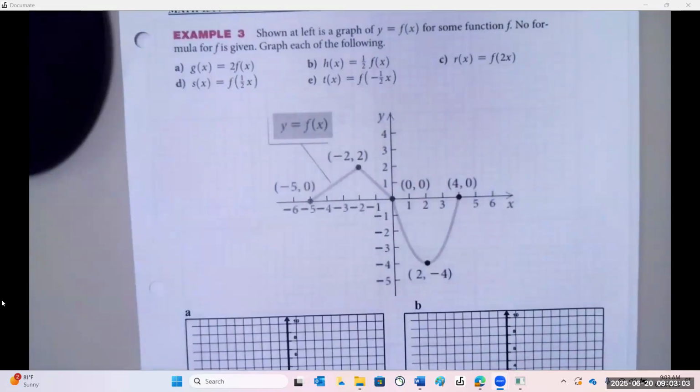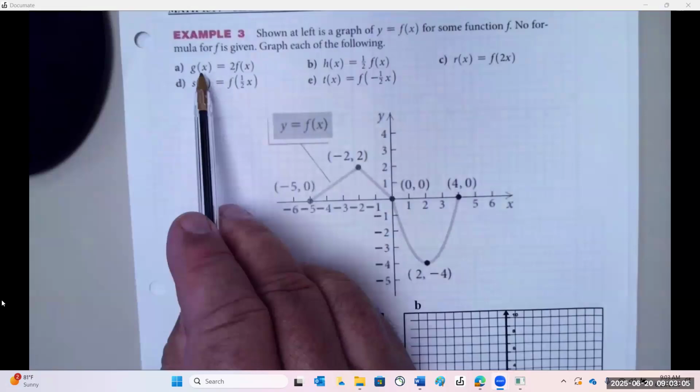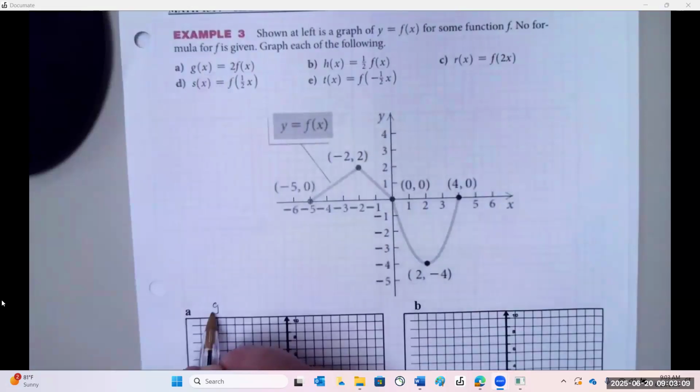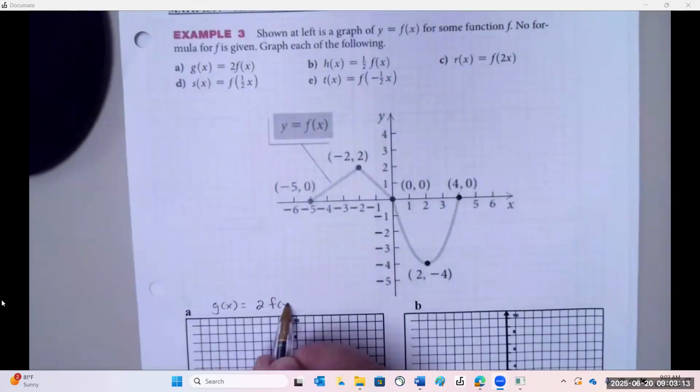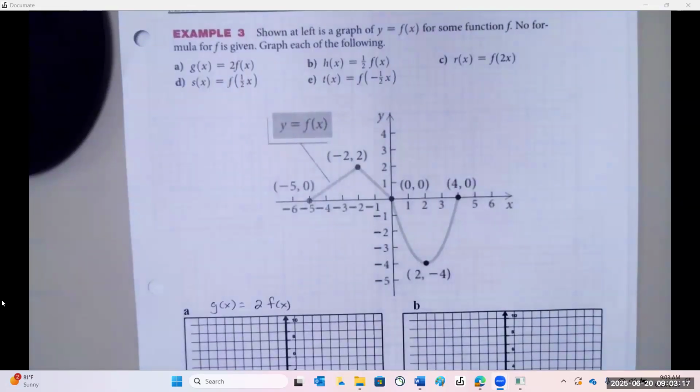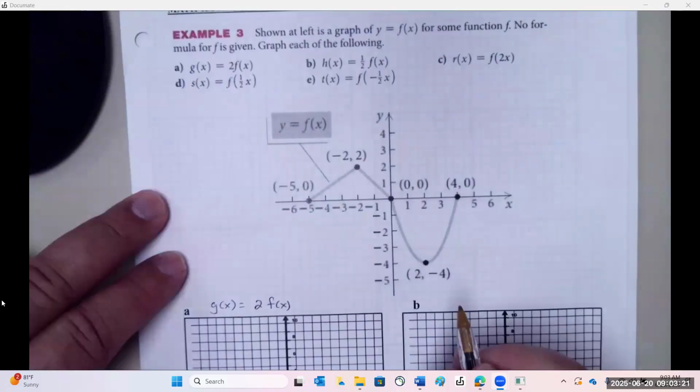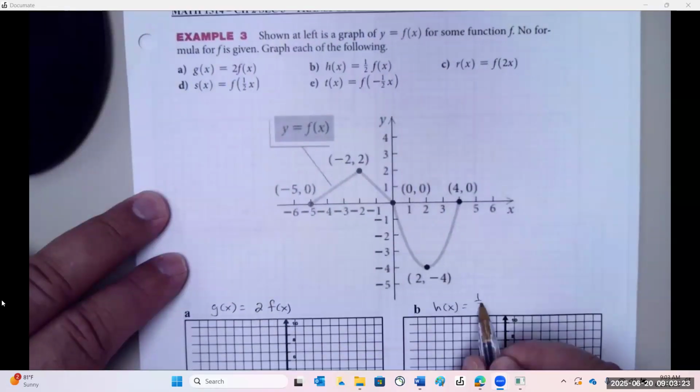For the first one, A, g of x equals 2 times f of x. B says h of x is 1/2 of f of x. Let's look at those two first.